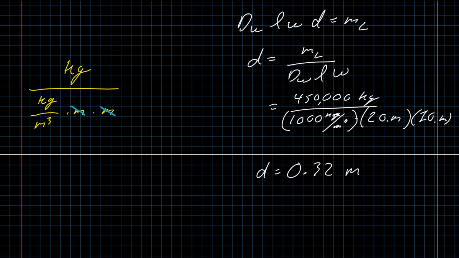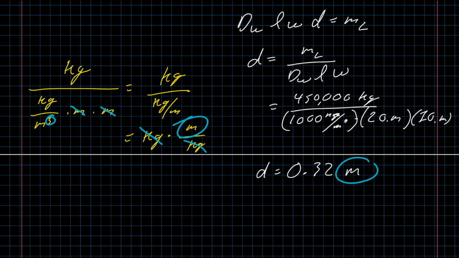These 2 meters will cancel out 2 of the 3 meters down here, which turns this into kilograms over kilogram per meter. Thinking about properties of fractions, this is the same thing as kilograms times meters over kilogram. And now it becomes apparent that the kilograms cancel each other out, and you are left with meters, which is what we had kind of hoped for.